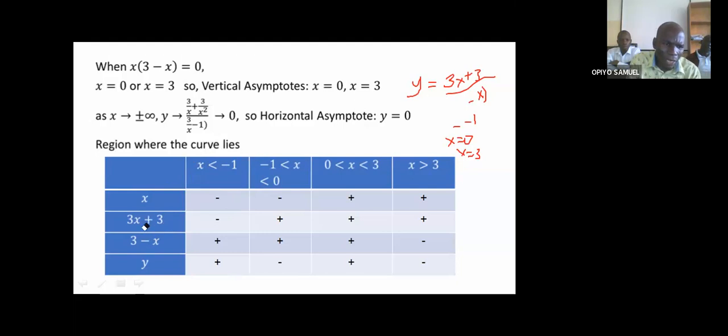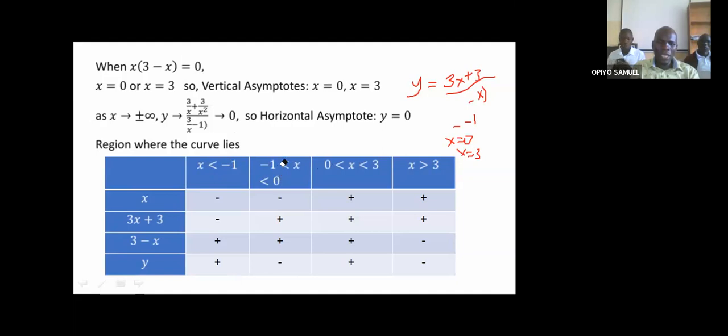But when you put -2 in 3 minus x, we get positive. So 3x plus 3 is negative, divided by negative times positive. Negative over negative is positive. So it means for x less than -1, the curve will be positive. The y value of the curve is all positive, so it is above the x-axis.